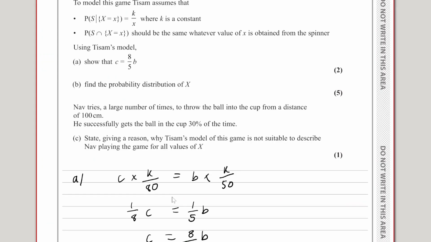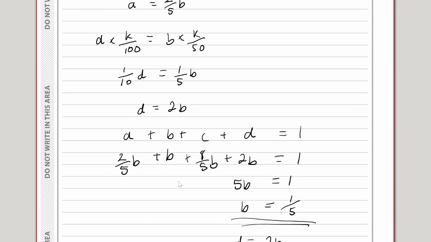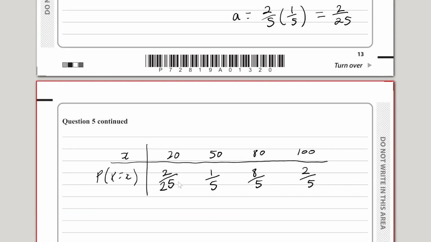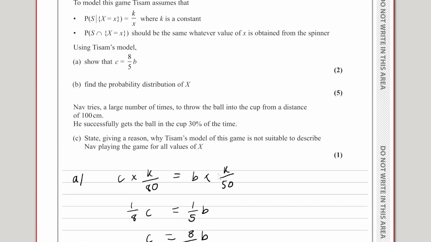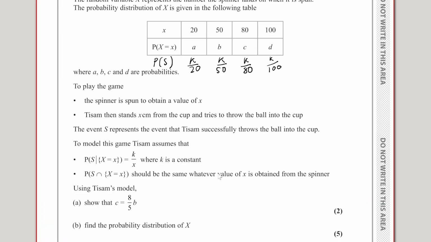Nav tries a large number of times to throw the ball into the cup from a distance of 100 centimeters. He successfully gets the ball in the cup 30% of the time. State, giving a reason, why Tissim's model of the game is not suitable to describe Nav playing the game for all values of x. So 30% of the time he gets it in.